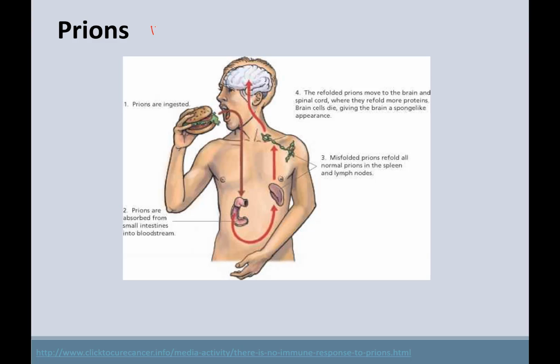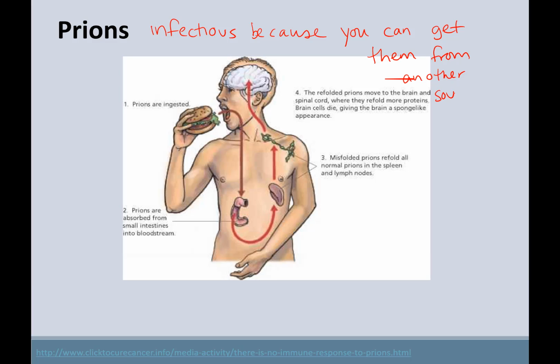Prions are infectious because you can get them from another source. And so we heard about mad cow disease.